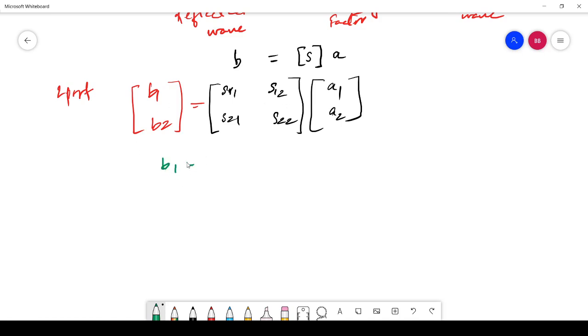So B1 is equal to S11 into A1 plus S12 into A2. In the same way I can write B2 is equal to S21 into A1 plus S22 into A2. So this is my final equation.